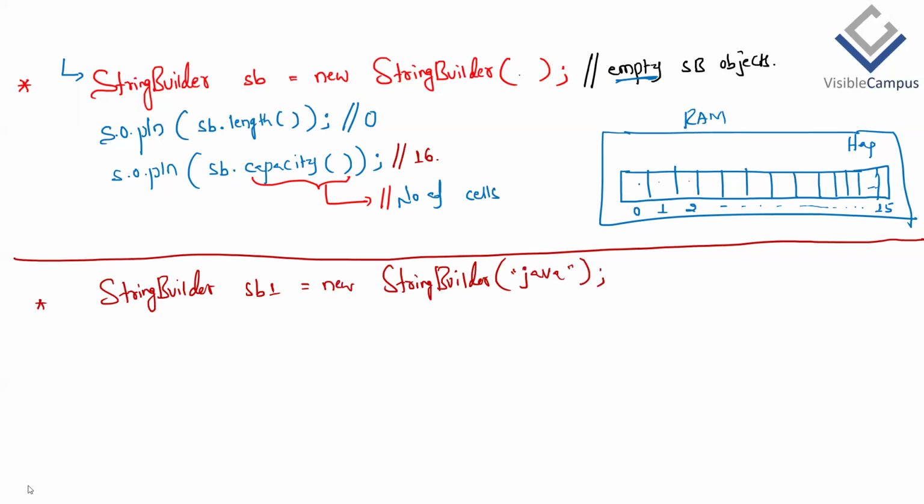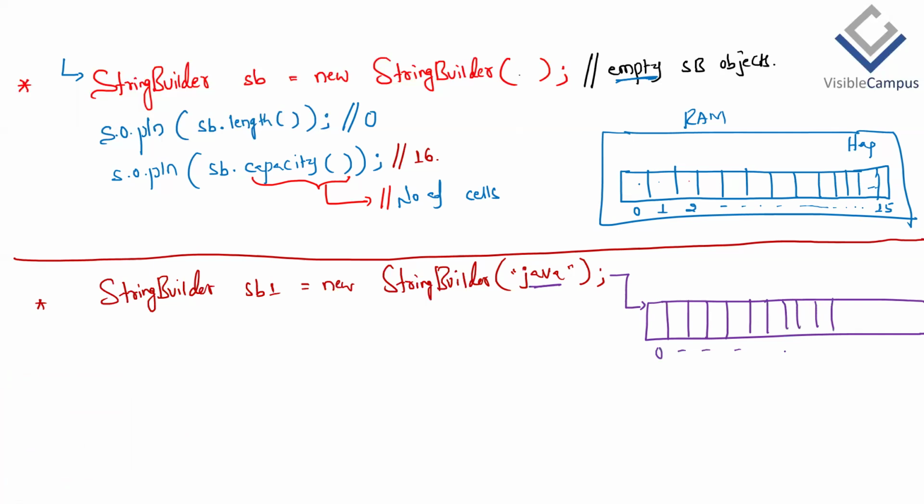Now what will happen? Because we are using the StringBuilder with some value, it's not empty. When the JVM executes this line of code, it will be stored like this. First, an empty StringBuilder object will be created with how many cells? 16 cells, 0 to 15. This is the first part. Please understand this point very carefully.